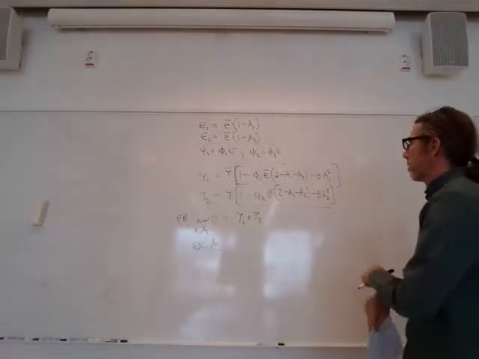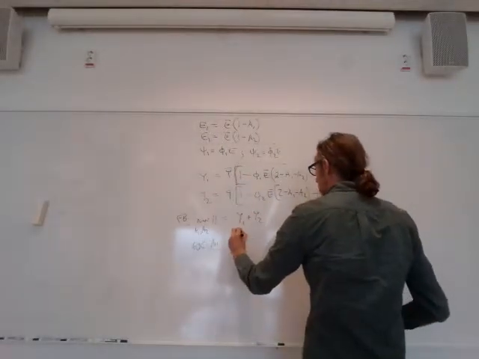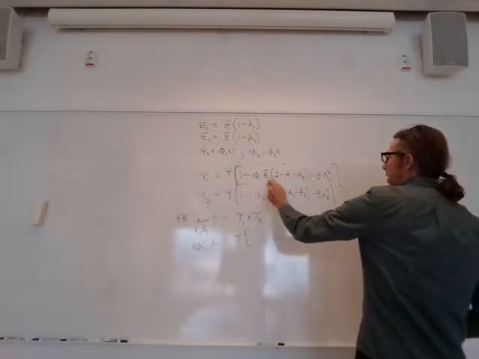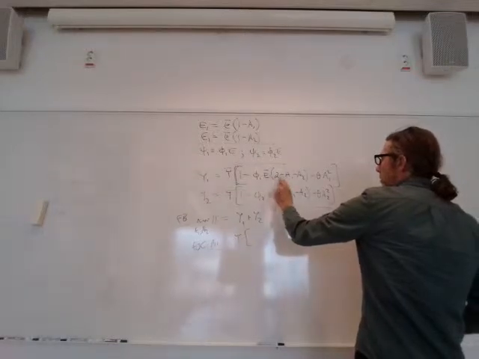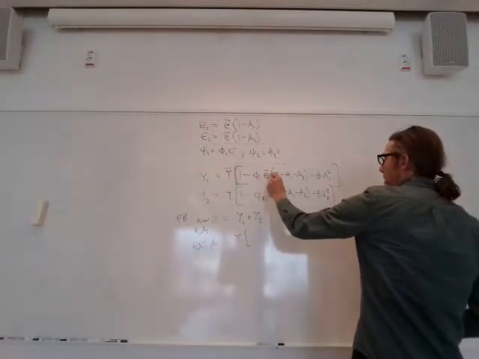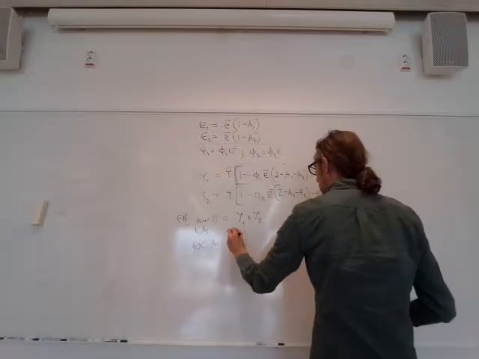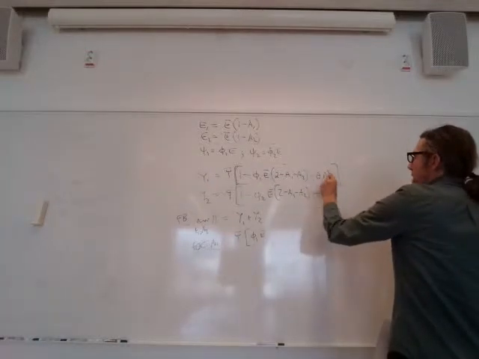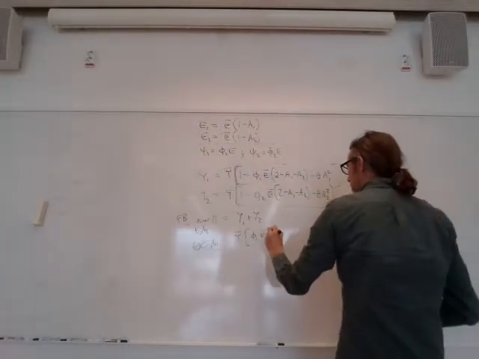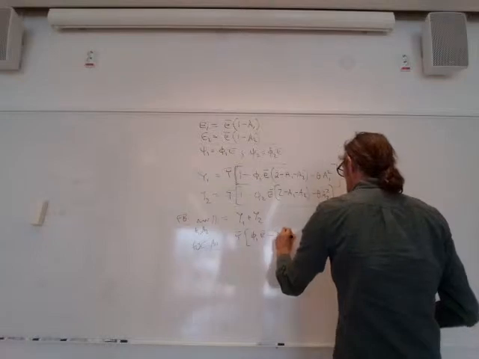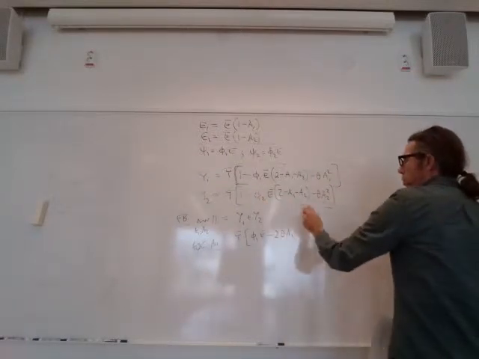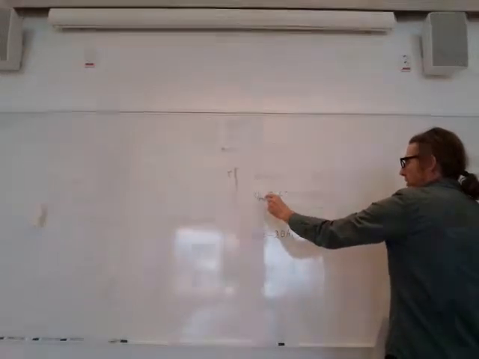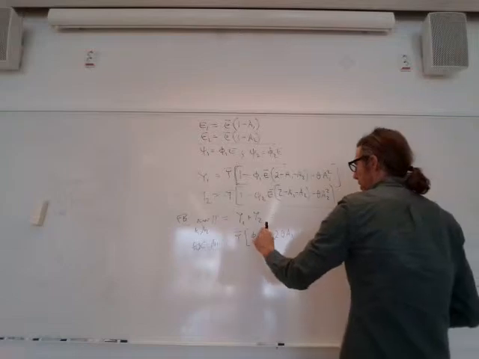First order condition in A1, we get Y bar times minus minus theta 1 E bar, minus 2 theta A1, minus minus theta 2 E bar.